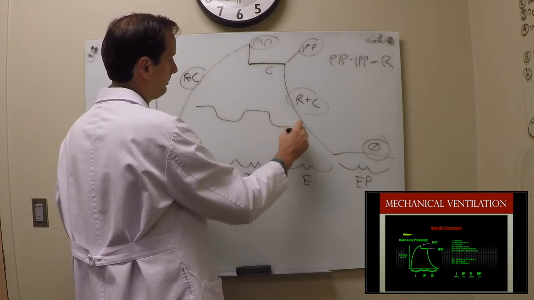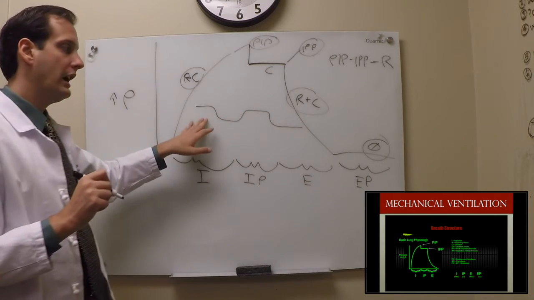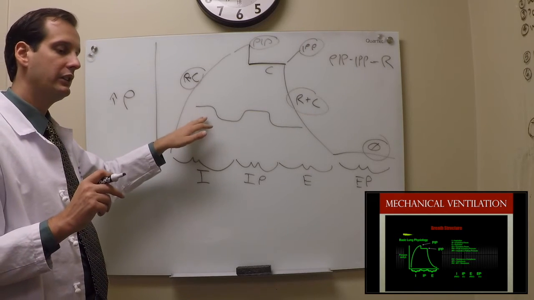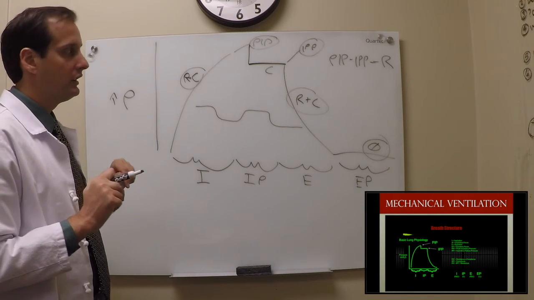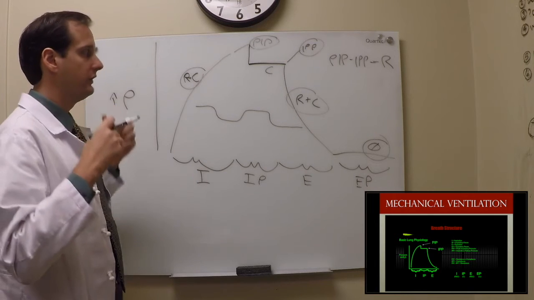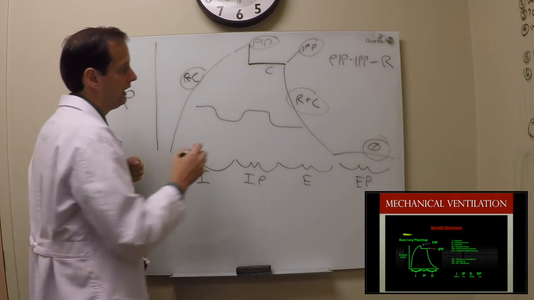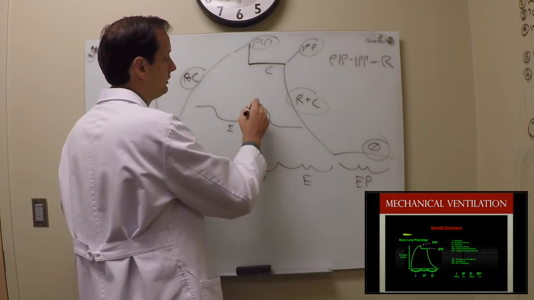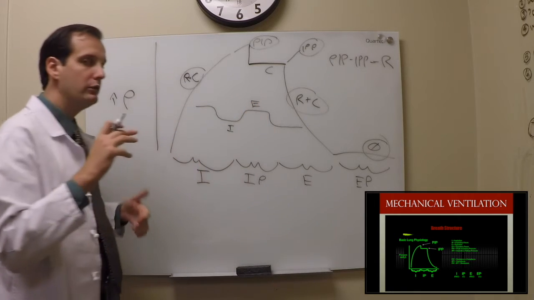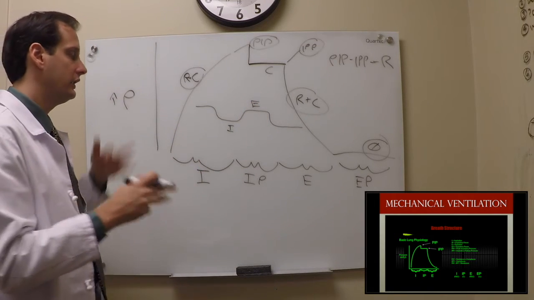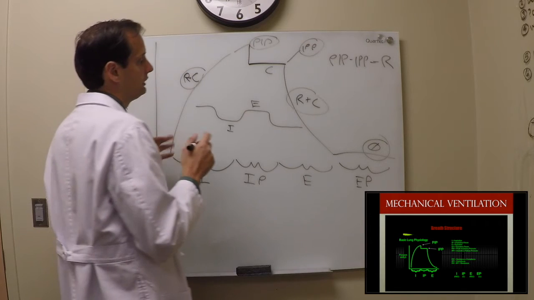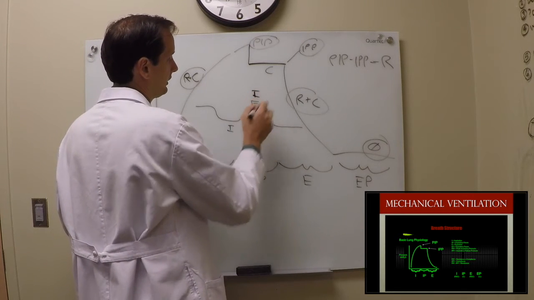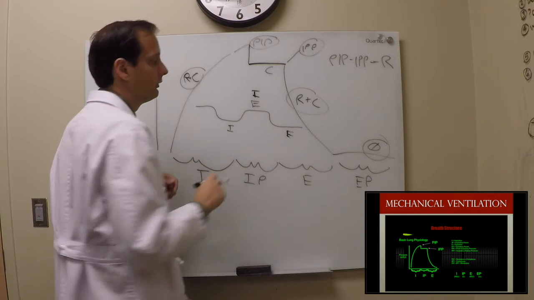When you have a patient who is spontaneously breathing, the inspiration is a negative inspiratory process, and expiration would be positive. When you are mechanically ventilated, it is the reverse. Inspiration is going to be a positive process, and expiration would be negative.